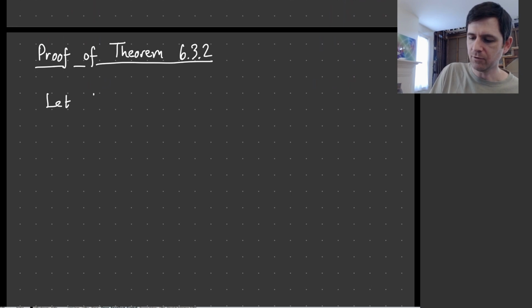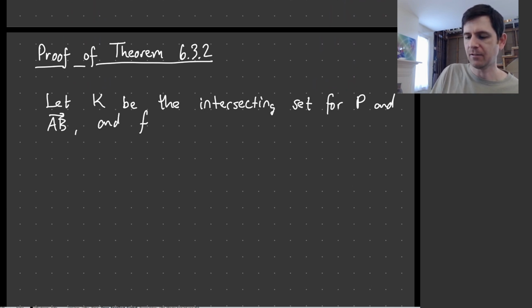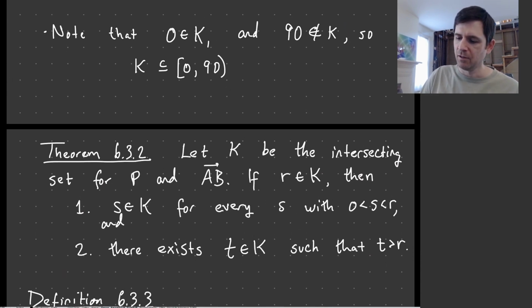Okay, so just the setup here, we'll let K be the intersecting set for P and AB, and fix a number R in K. Remember, the goal, going back to the statement of the theorem, is for an arbitrary R in K, to show that anything less than R and bigger than 0 is always in the intersecting set, and there's always something bigger than R that's in the set.